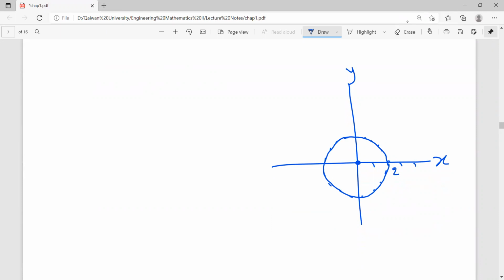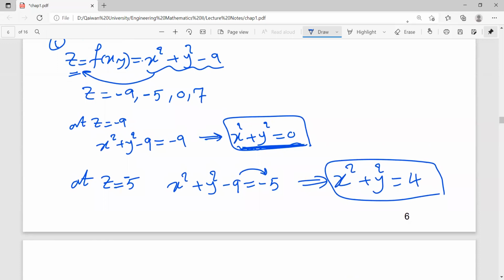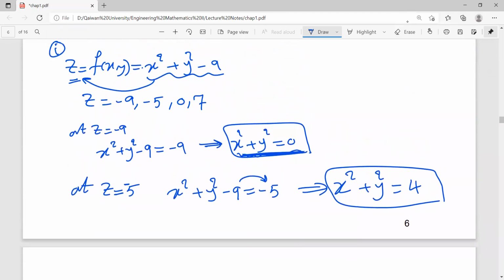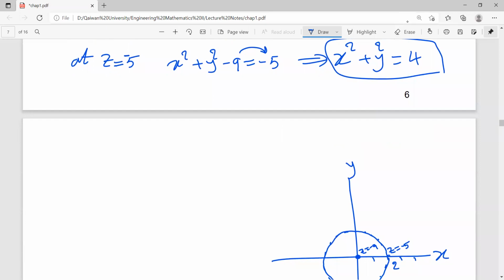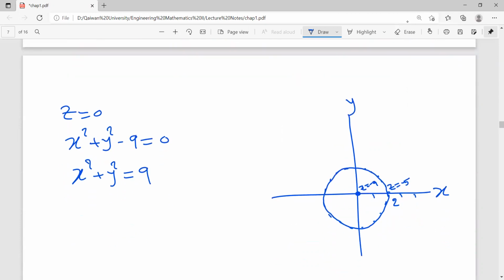This one is z equals -9, and this one is z equals -5. Then for z to be 0, we get x squared plus y squared minus 9 equals 0. So x squared plus y squared equals 9. This is the equation of a circle. The center is at 0, 0, and the radius is 3.